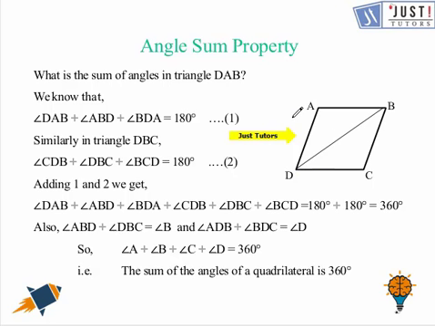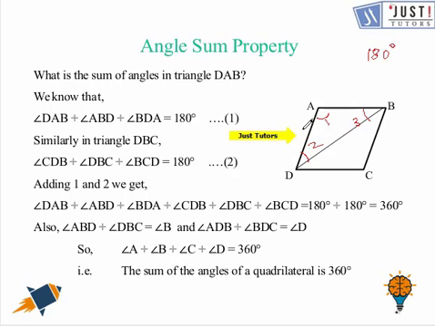We know that angle sum property of triangle states that all the angles in a triangle add up to 180 degrees. So according to that, we have angle this plus this plus this. Let's name them 1, 2 and 3. So we can say that angle 1 plus angle 2 plus angle 3 add up to 180 degrees.